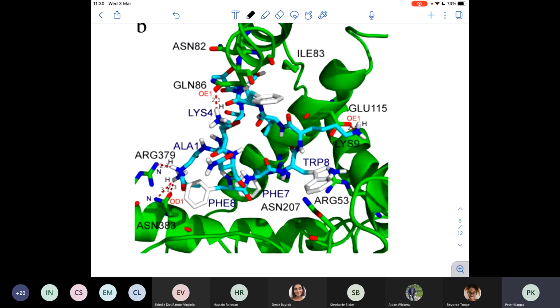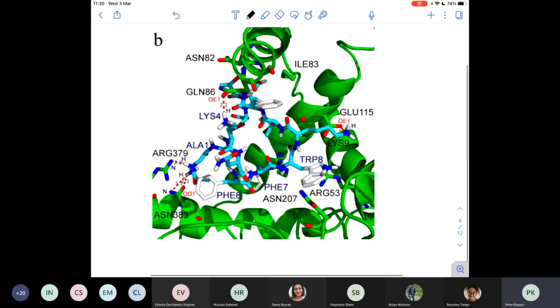So here we use this model peptide, and we tried to put that in the computer into the structure of SIRA, into the active site of SIRA. And you see, for example, here, this large green thing.